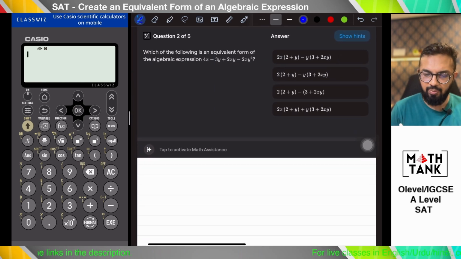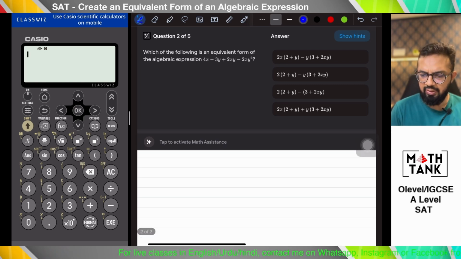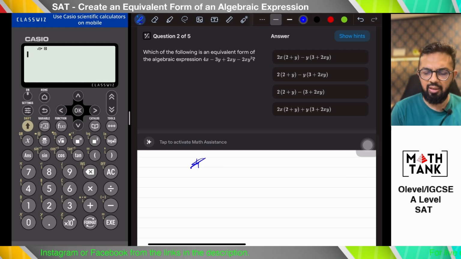Which of the following forms is the algebraic expression 4x minus 3y plus 2xy minus 2xy squared? So I see something has been taken common, so I'm going to just rearrange this a little bit, or I could expand the answer options and see which one fits. I think that's the better idea in this case because I might have to do a bit of trial and error if I shuffle randomly.